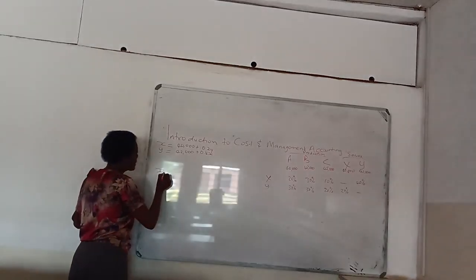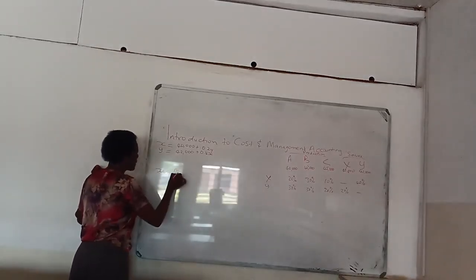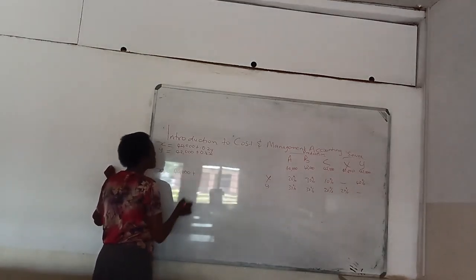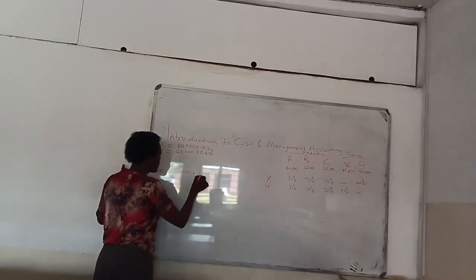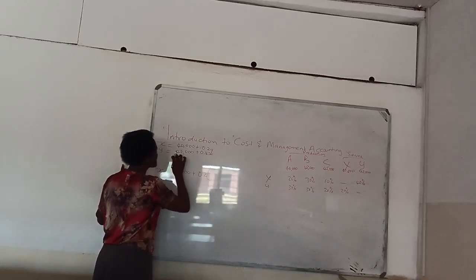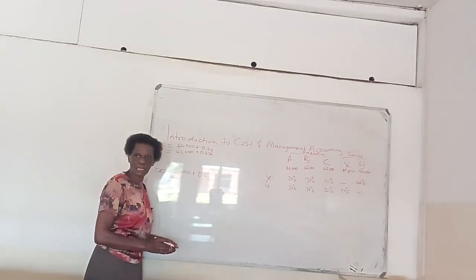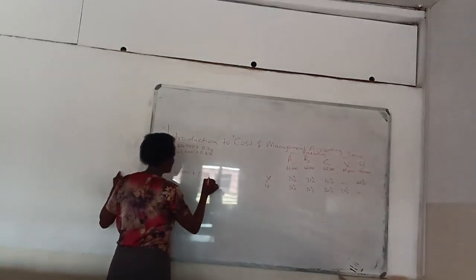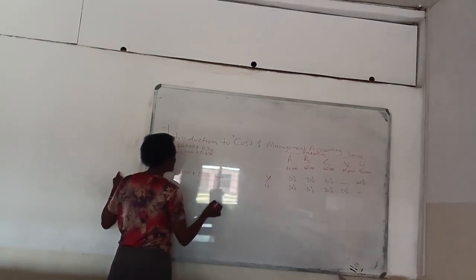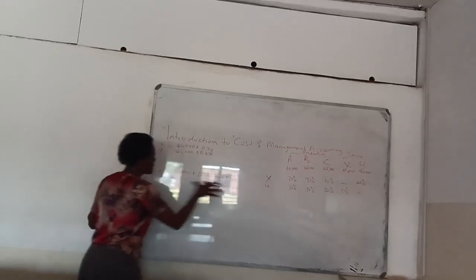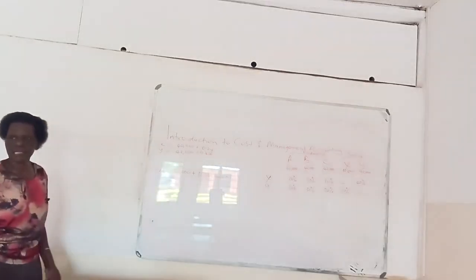So we're going to say x is equal to 40,000 plus 0.2 brackets. This is the whole y. So what is the y now? 42,000 plus 0.4x. It means now these are like terms whereby we can find x.